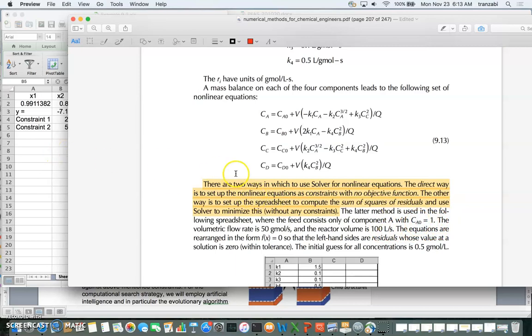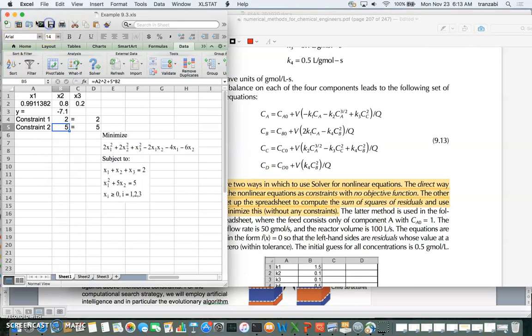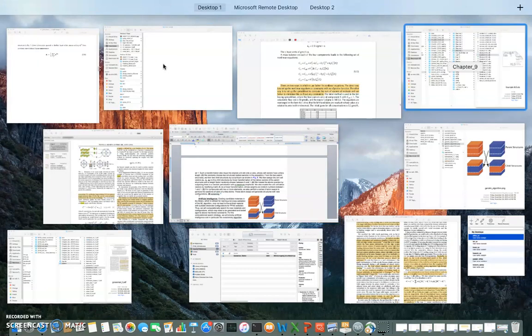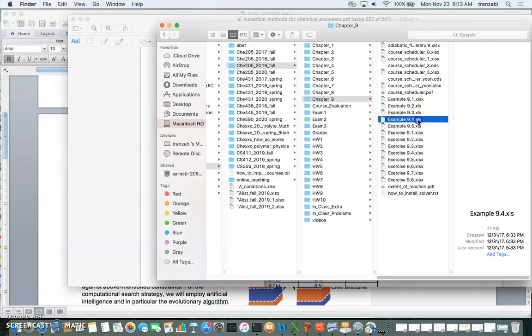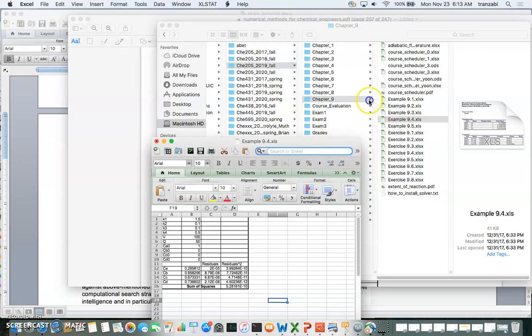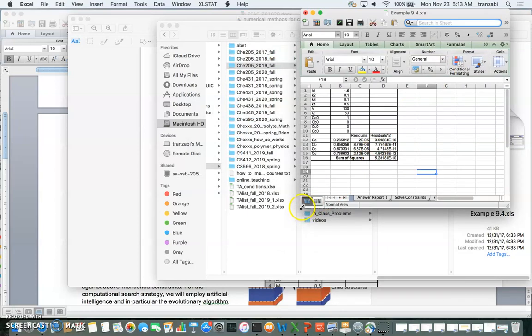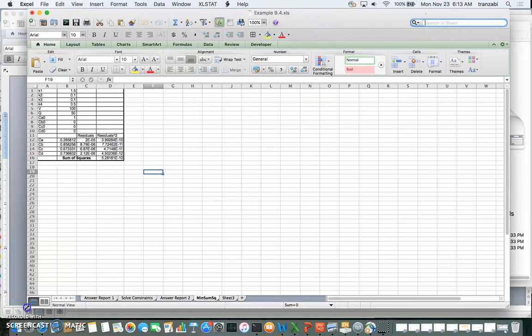Okay, so let's look at how we can solve this problem using the package, using the solver. So I'm going to exit this and look at example 9.4. Let's expand this.